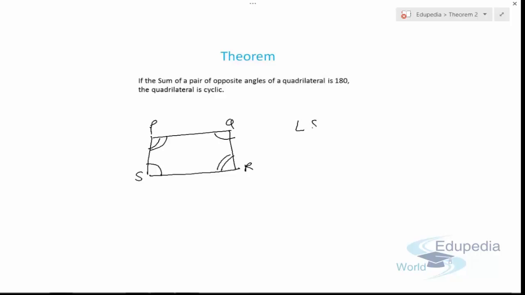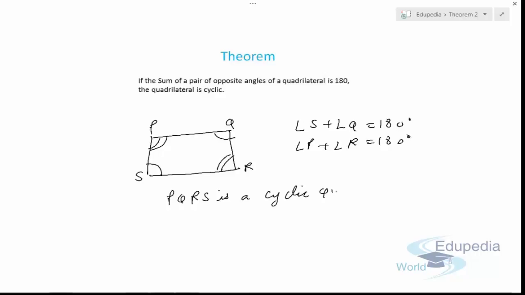Let's say angle S plus angle Q is 180 degrees and angle P plus angle R is 180 degrees, then we can say that PQRS is a cyclic quadrilateral. So this is all about the concept of cyclic quadrilaterals, which is very important when you are solving questions.